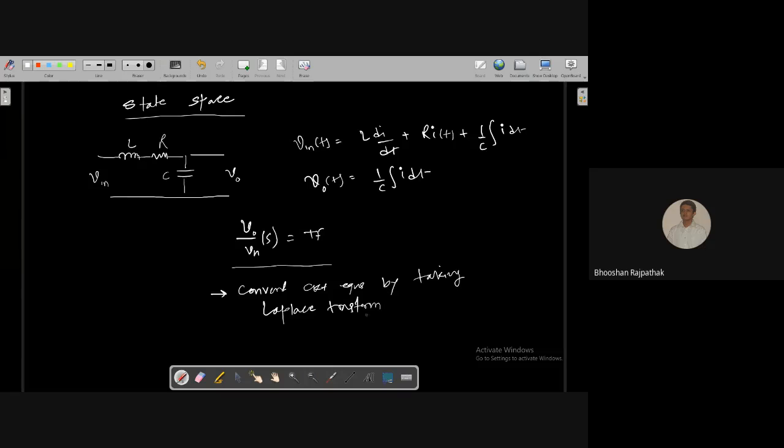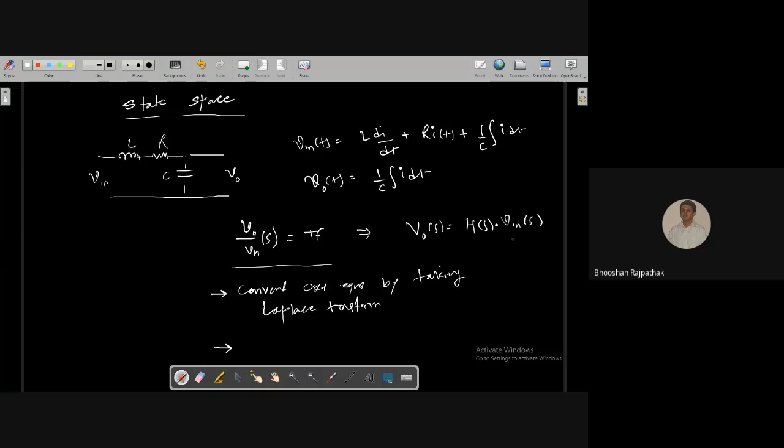So we take the Laplace transform of these equations and we get V in of S and VO of S, and then the ratio is the transfer function. Now the advantage of the transfer function is as you change the input. From this transfer function, VO of S will be equal to, let's say the transfer function is denoted by H of S, into V in of S.